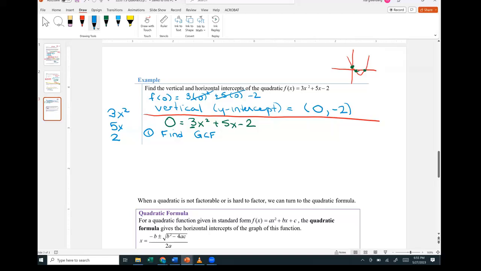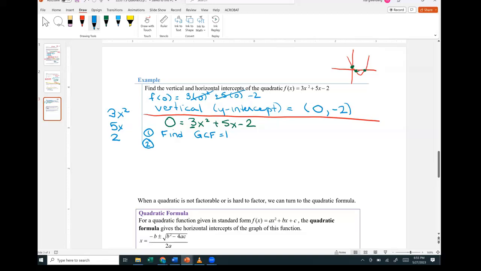There's no number that I can divide all 3 of those numbers by without getting a fraction, and x is not common to all of them. So we have a GCF that's really just equal to 1. Our second step is usually the hardest for most people. This is called the AC method.